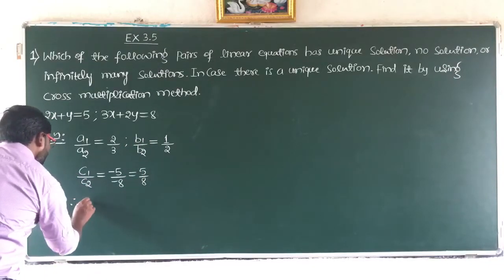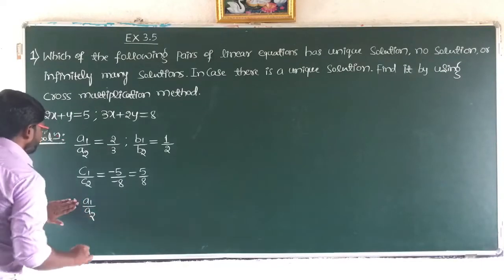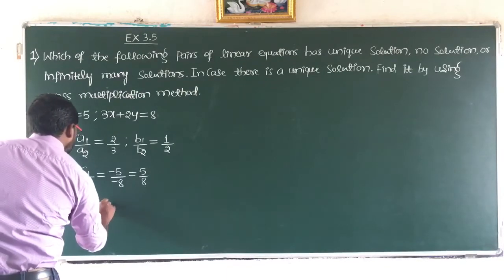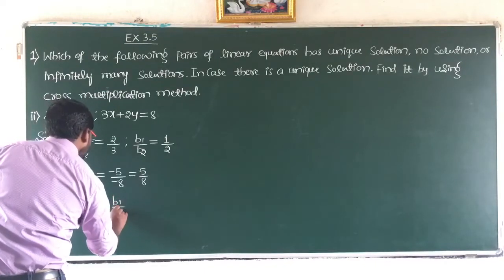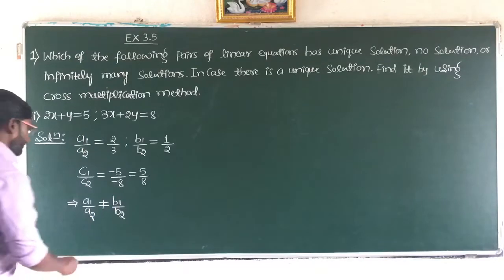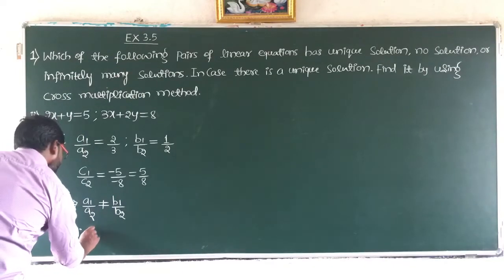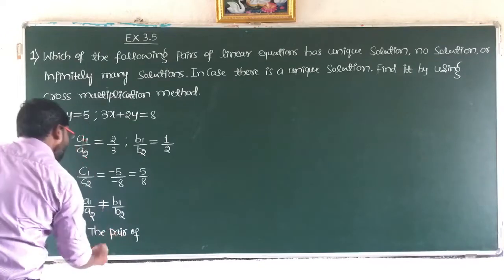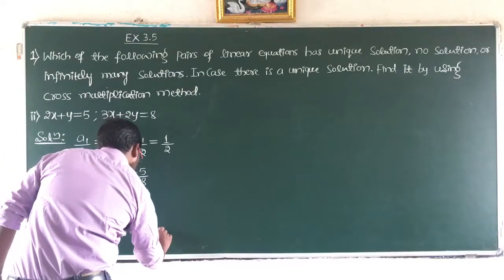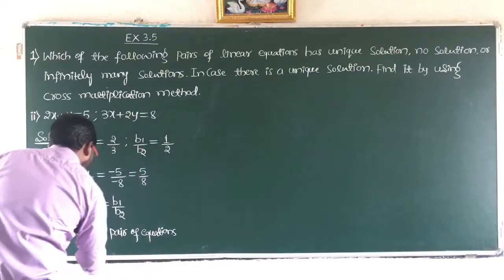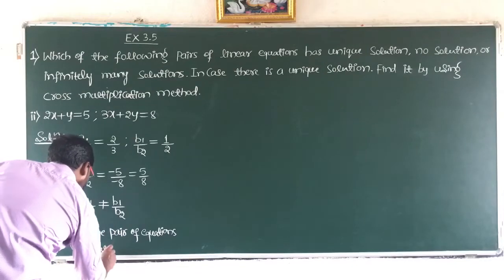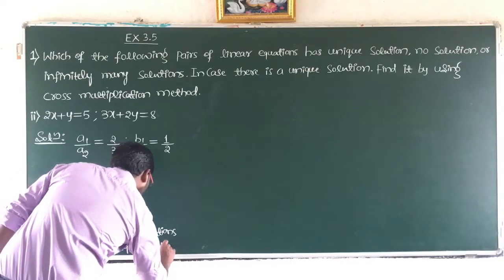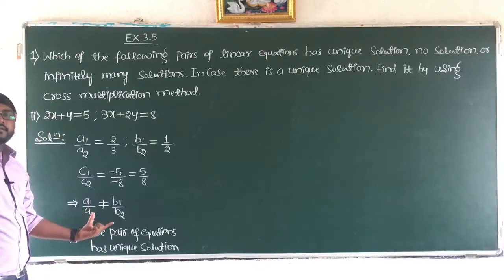Therefore A1 by A2 is not equal to B1 by B2, so the pair of equations has a unique solution, because these two lines intersect at a particular point.